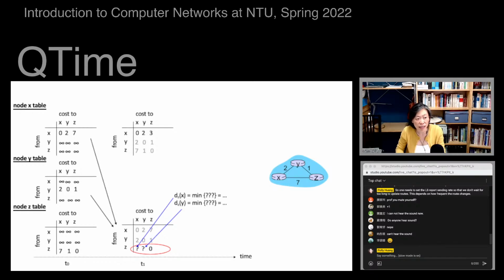You see that in node x's case, we calculate dx, and inside dx, the dxx entry is always trivial, 0, so you calculate dxy and dxz. For z, dzz is trivial, so you calculate dzx and dzy.